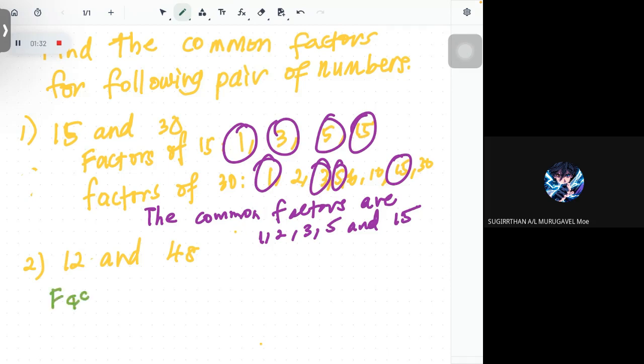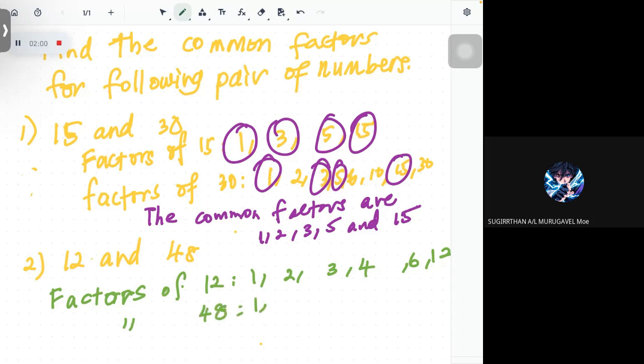Okay, factors of 12: 1, 12, 2, 6, 3, 4. And then factors of 48: 1, 48, 2, 24, 3, 16, and then 4, 12, 6, and 8.